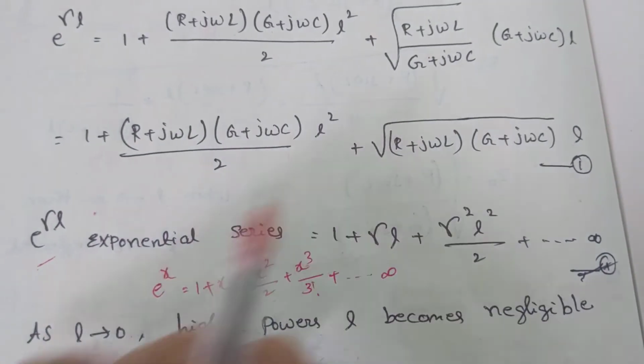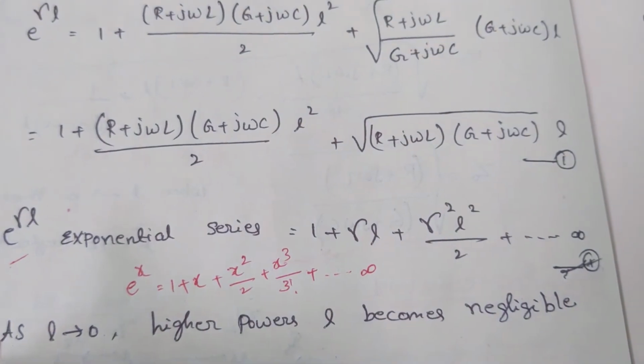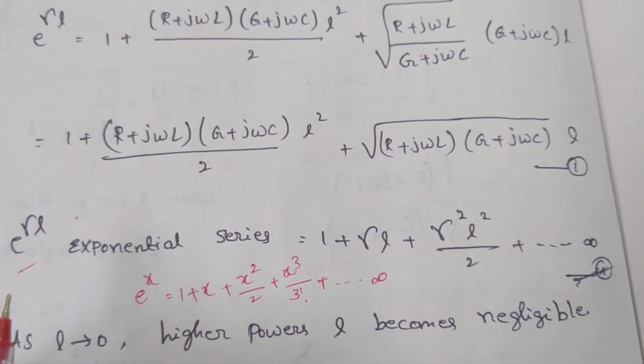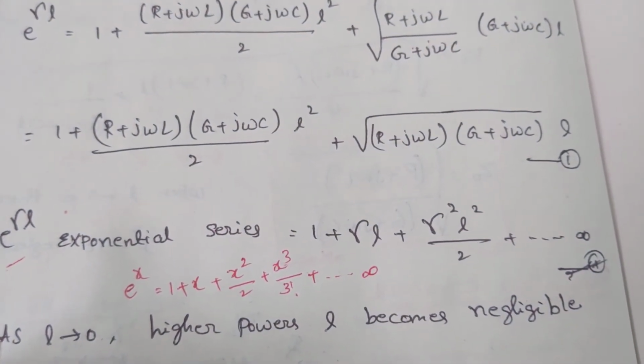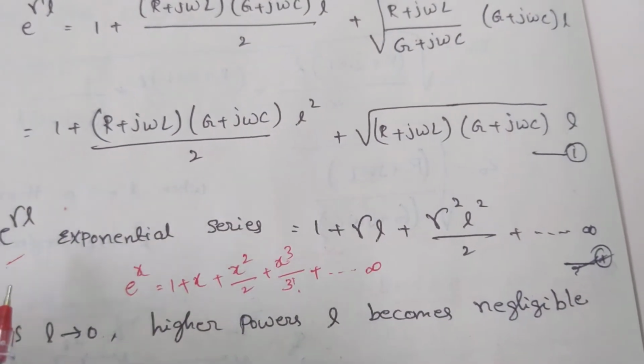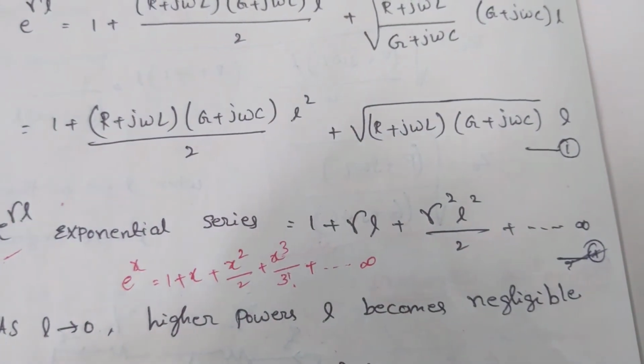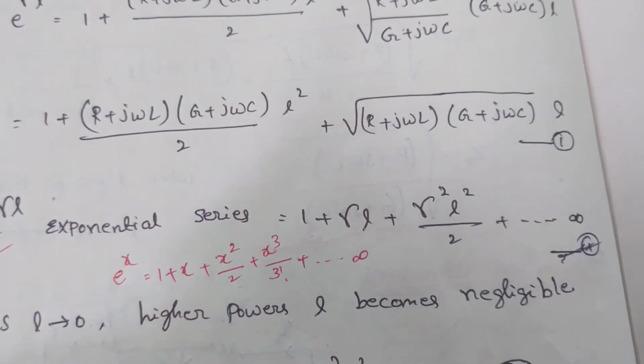For higher powers, already in characteristic impedance we saw that for L approximately equal to 0, L square will also be negligible. For a smaller length, if you square it, the value will be much smaller. So we can eliminate the higher powers.